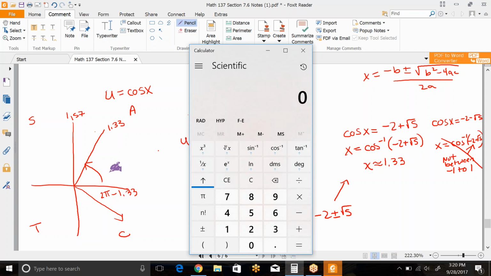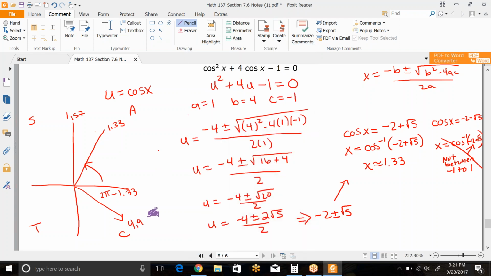And we did this, remember, in Unit 1, where we said that the other answer has to be where that trig value has the same ratio values. So if it's positive here, we need the other place where cosine is also positive. So 2 pi minus the 1.33 will give us the other value for our x, which is 4.95. So the two x values that work for this one are approximately 1.33 and 4.95.